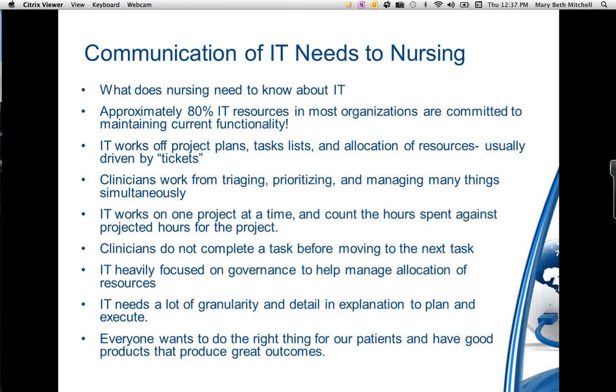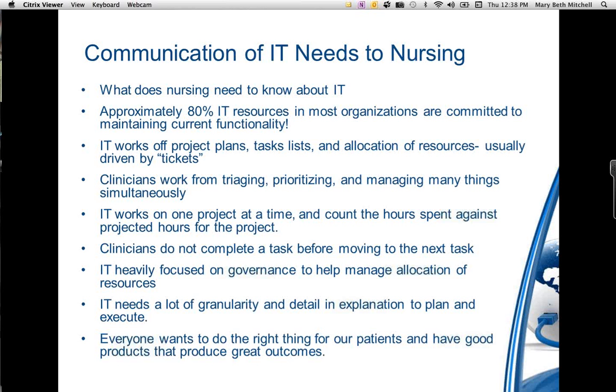There are a couple of things that drive the IT mindset that we don't quite get as nursing. About 80% of the IT resources in most organizations are committed to maintaining current functionality. So it becomes difficult to add additional projects and do all the cool things that we want to do when most of the IT resources are committed to just keeping the lights on and keeping the systems that we have going at their current state.